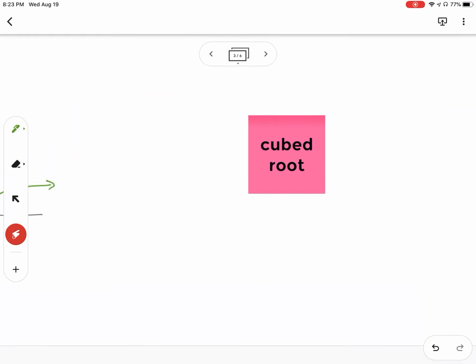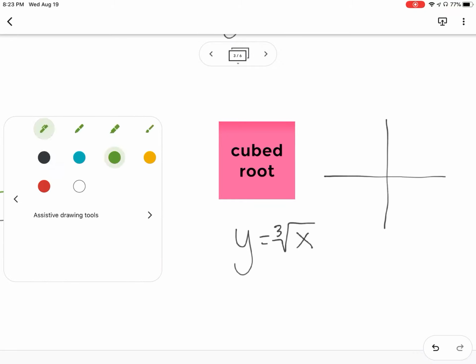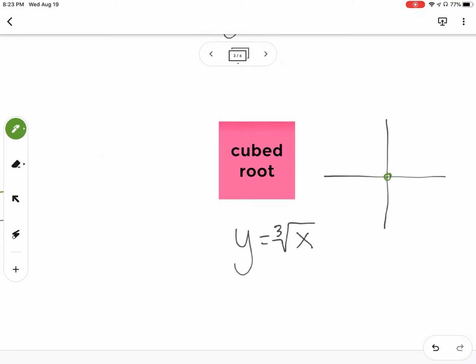For cubed root, our equation is going to be y equals x cubed. Oh, sorry. That is not cubed root. This is cubed root. Cubed root of x. So for our graph here, because it's cubed root, it's going to do this.